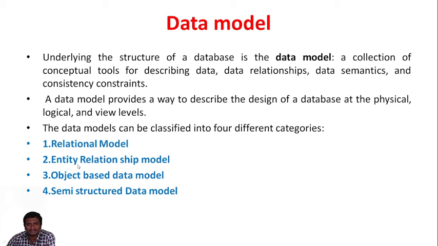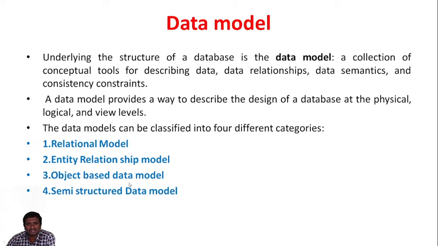In the entity relationship model, each and every data should be represented as an ER diagram, which is nothing but an entity relationship diagram. It also describes what the data are and what the relationship is among those data. It is described in a graphical format here. The other one is the object-based data model.